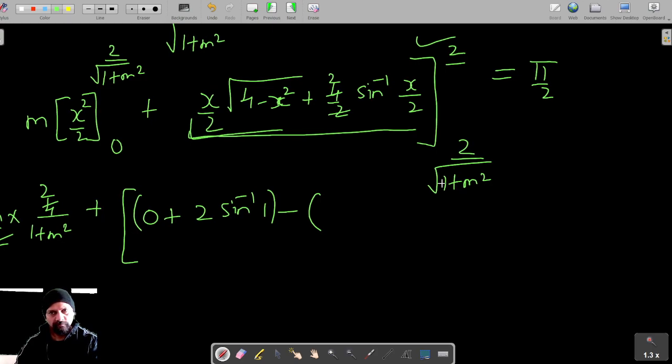This is 2 upon under root of 1 plus m square.